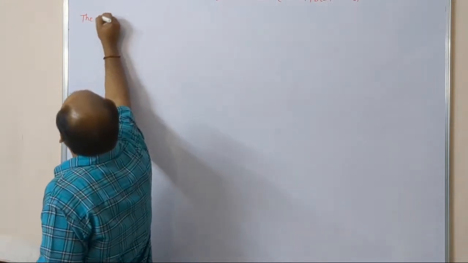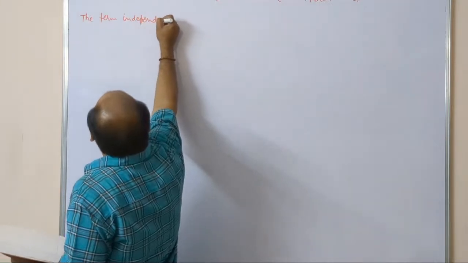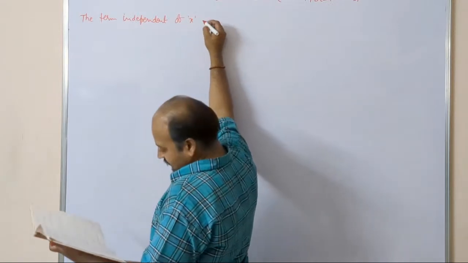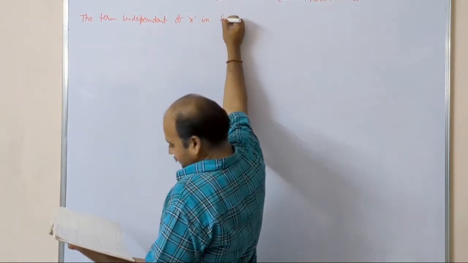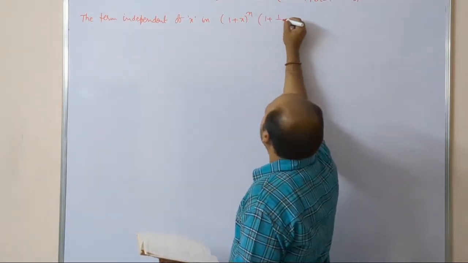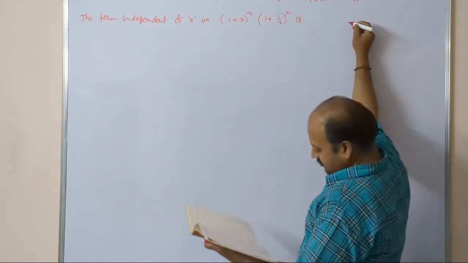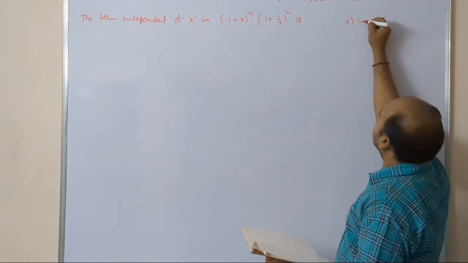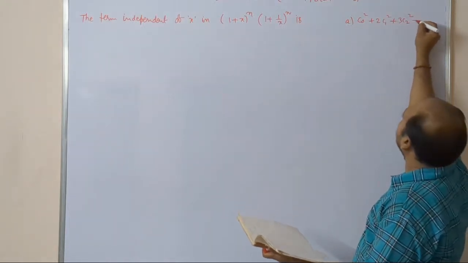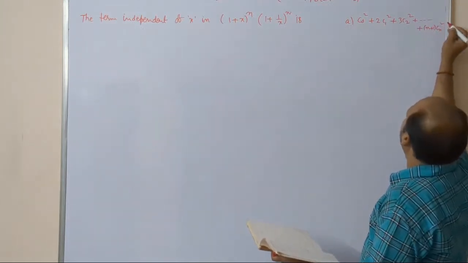The term independent of x in 1 plus x whole power n into 1 plus 1 by x whole power n is: first option c0 square plus 2c1 square plus 3c2 square plus and so on, n plus 1 into cn square.